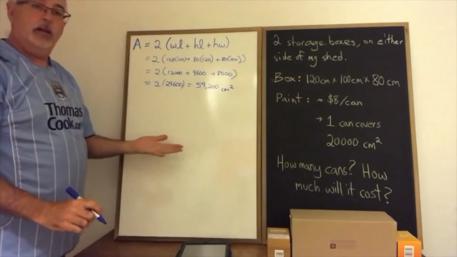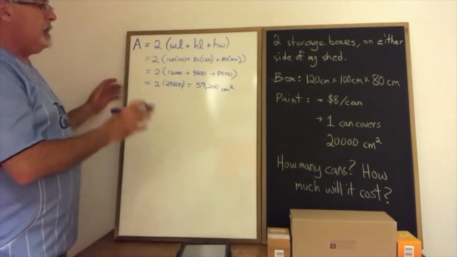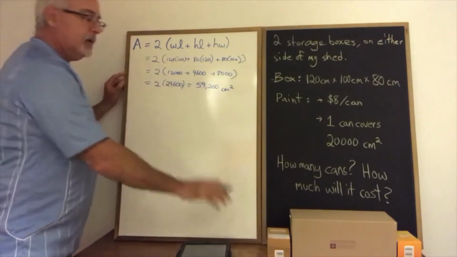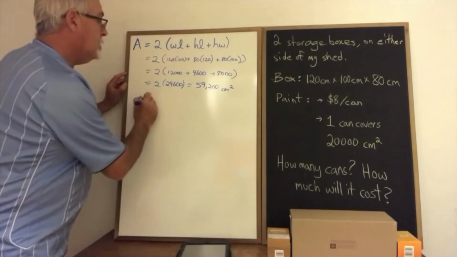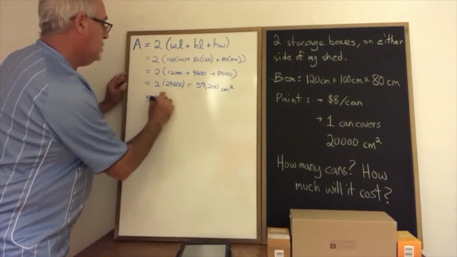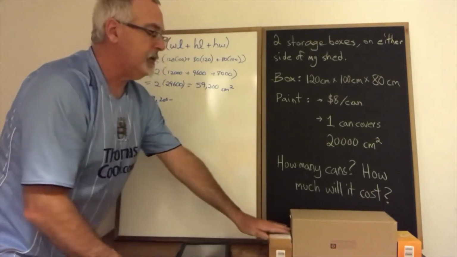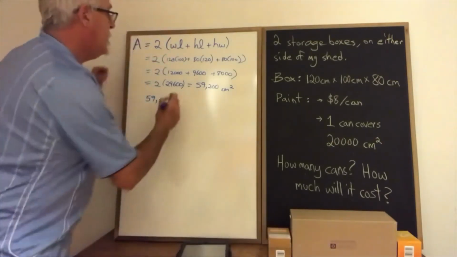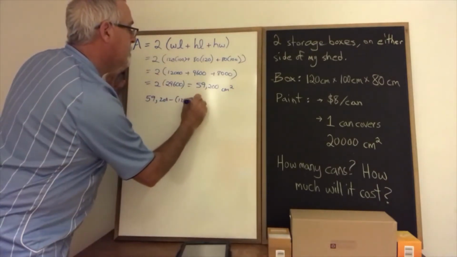I have the total area of one box, and I have partially answered the question. But I want to subtract the areas of the faces of the box that I don't need. So I will take 59,200 and I will subtract the side that's facing the shed, which is the biggest side. I'm subtracting 120 times 100.